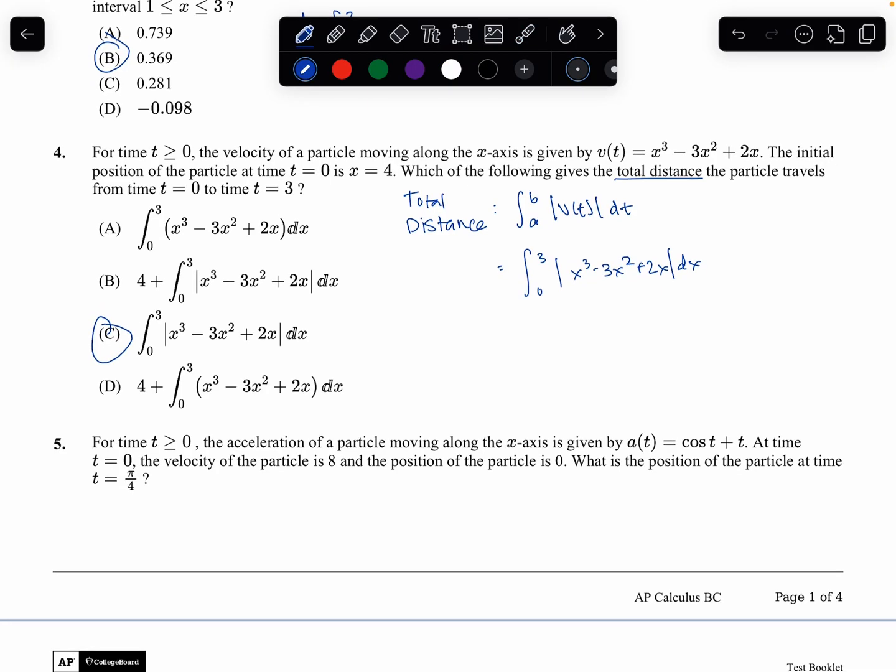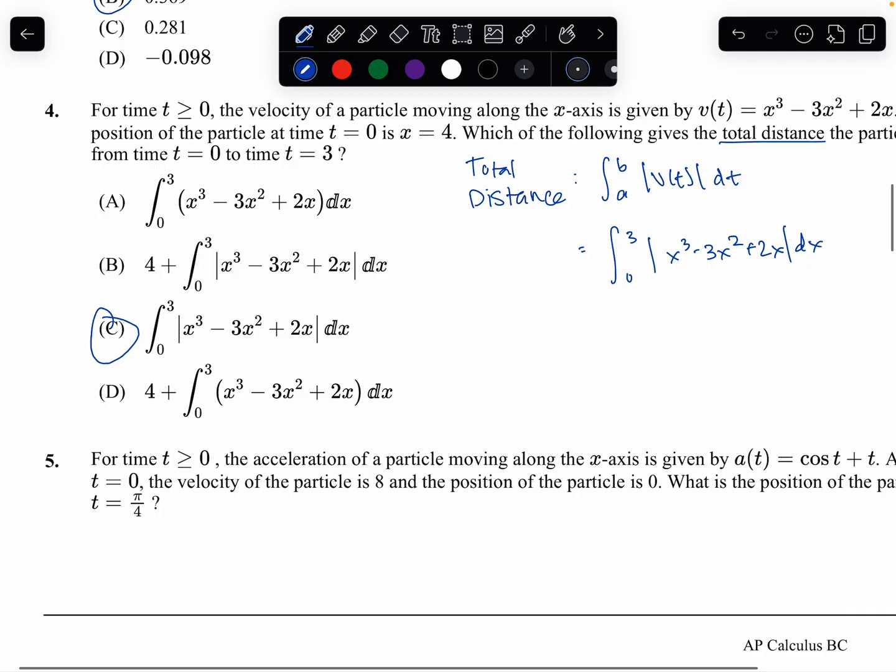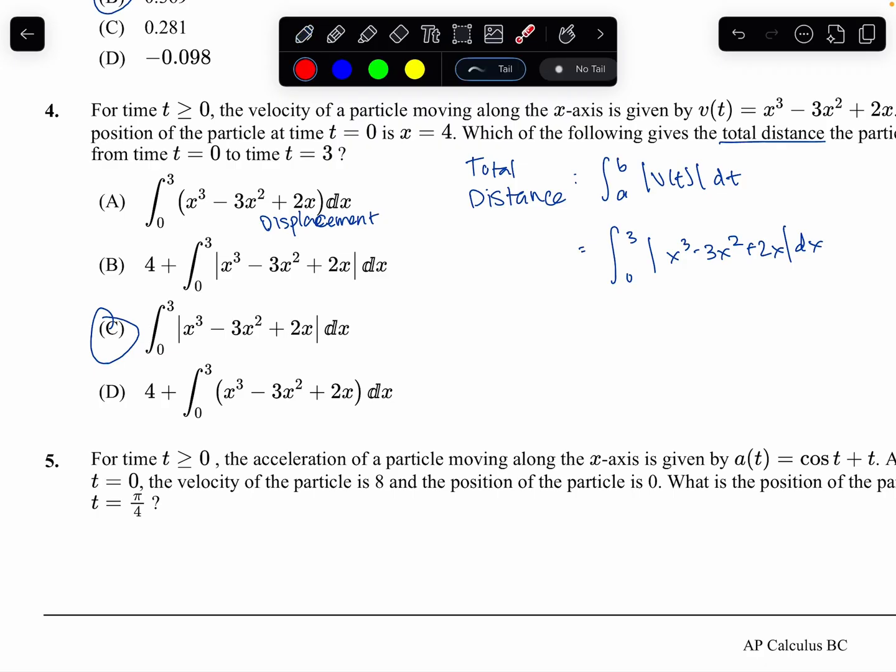So just so you guys know, this first one right here for A, that would be displacement. The next one, this right here is total distance, and if you add 4, I don't even know what that gives you.